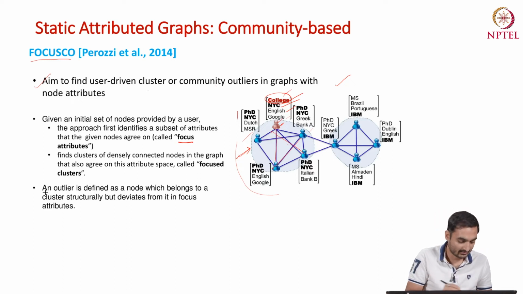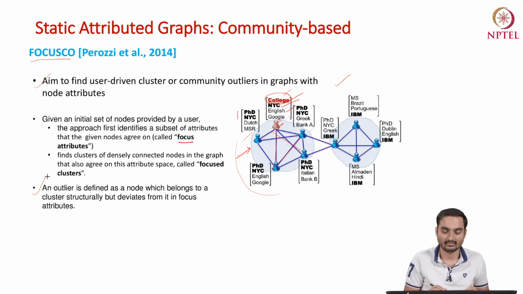An outlier is defined as a node which belongs to the cluster structurally, but deviates from it with respect to the focus attributes. So, this node belongs to this cluster structurally because this guy is connected to all the other guys, but attribute wise it is not that suitable to be placed within this cluster.